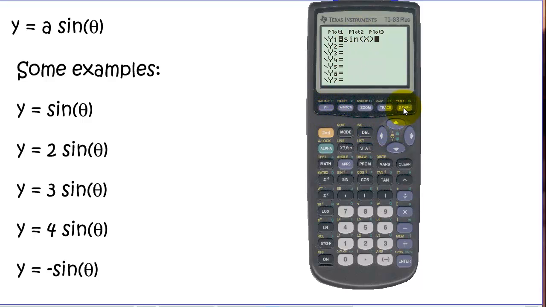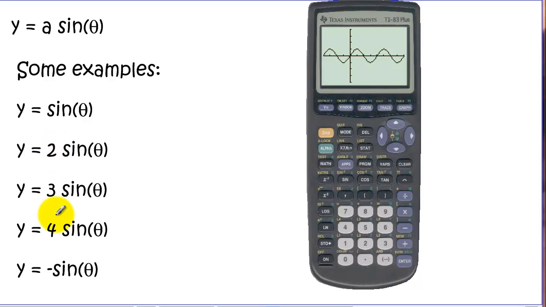I've got this set up where going out to here is 4 pi. So we're going between 0 and 4 pi here, and back to negative 2 pi. For the sine function, since the period is 2 pi, we've got three repeating patterns here.